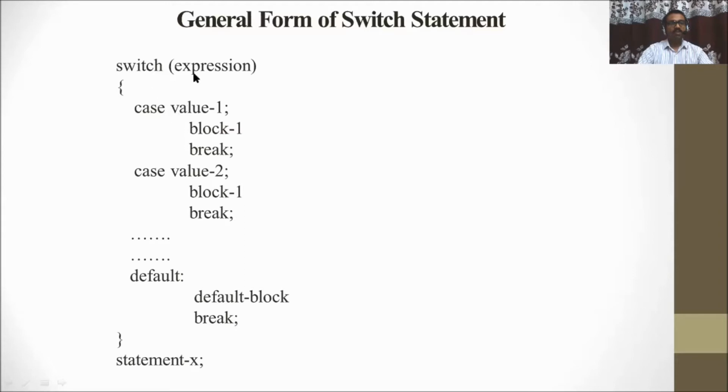If the switch expression switches to this particular case, case block 1 will be executed, and break is a keyword. Once block 1 is executed, the program will exit, meaning the program will break. If we do not use break, the next case will be executed.